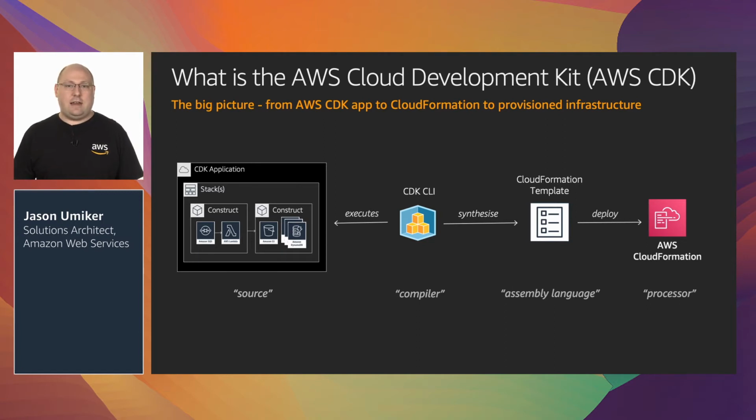However, you would never edit that CloudFormation template directly anymore. You would instead go and update the CDK. One of the benefits of the CDK is that it embeds in it many common best practices, so a few lines of CDK code can generate quite a lot of CloudFormation that represents the best practices that you should be doing within the AWS environment with much less effort. We'll look at this a bit more in our demo in a moment.